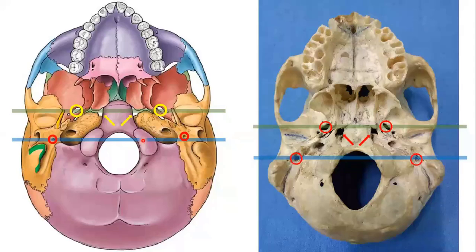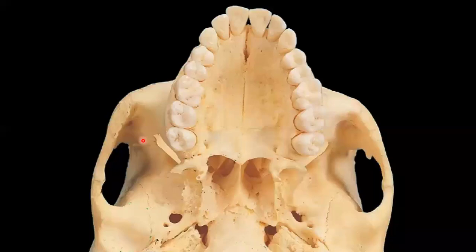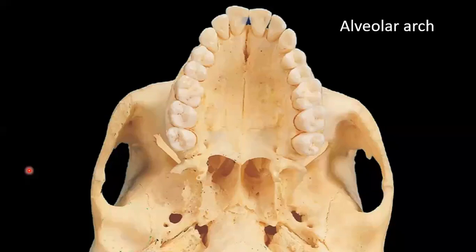So this posterior imaginary line also passes through certain more structures, which we will talk about slightly later, right? So right now we are just concentrating on the anterior part.